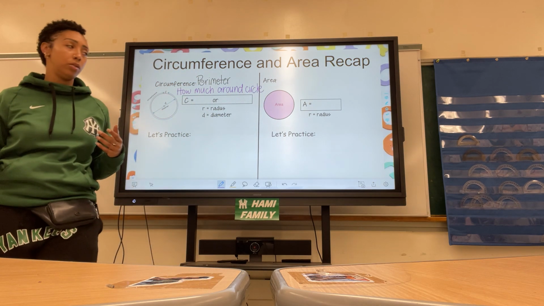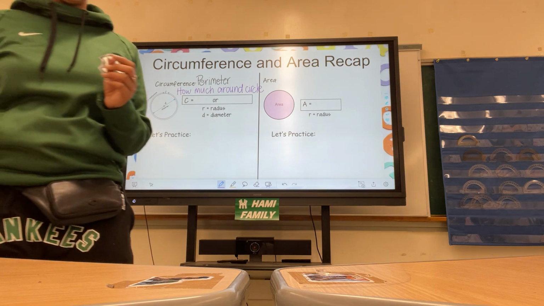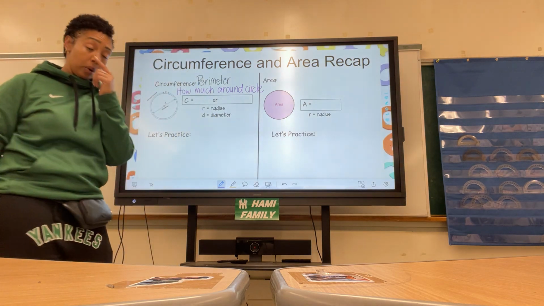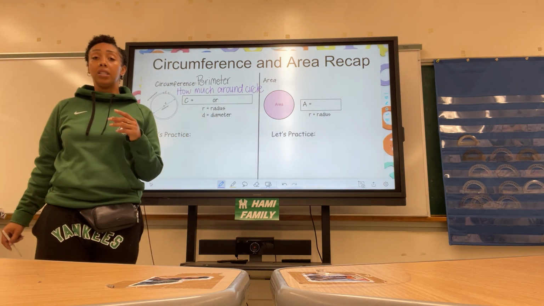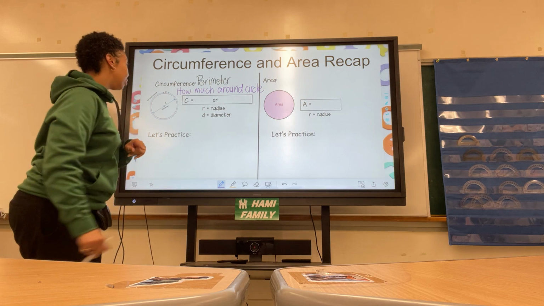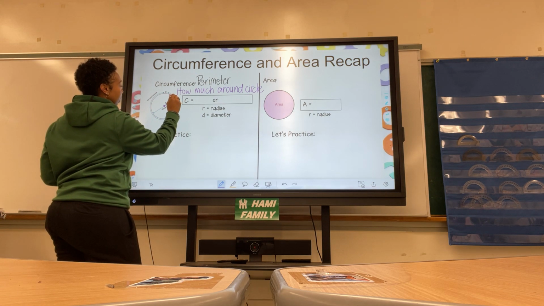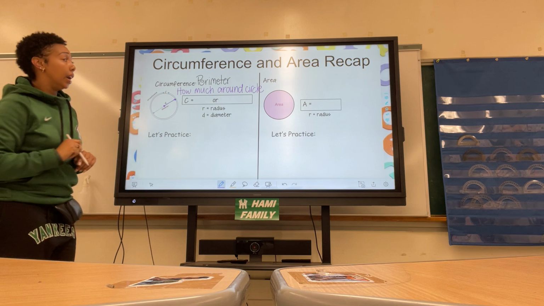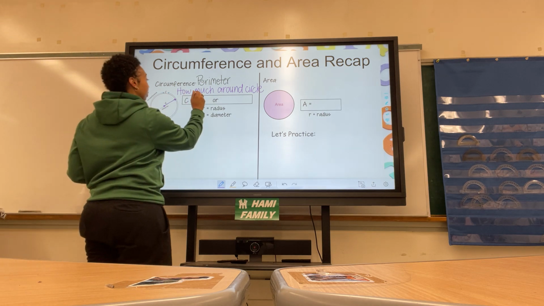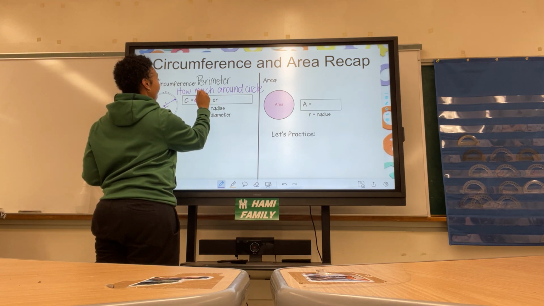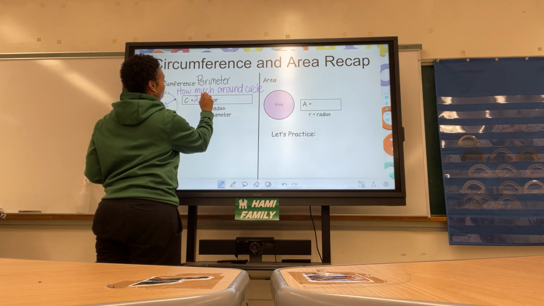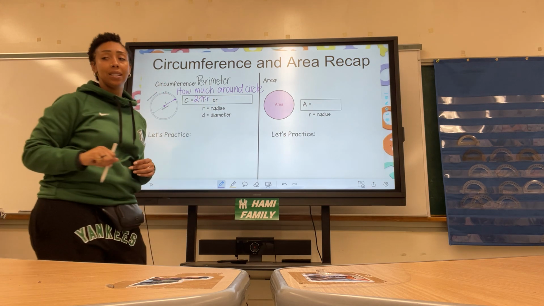So how much around the circle. The way we find that is by using a specific formula. That formula takes our radius, which we learned yesterday is the line from the center of the circle out to the outer part of the circle. You're going to do 2 times pi times radius. 2 times pi times radius.